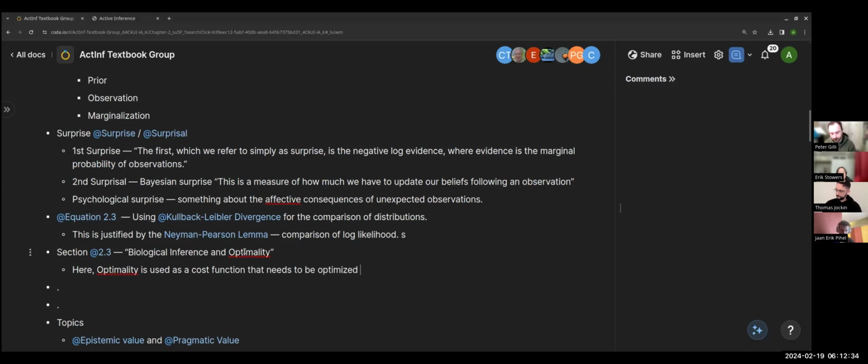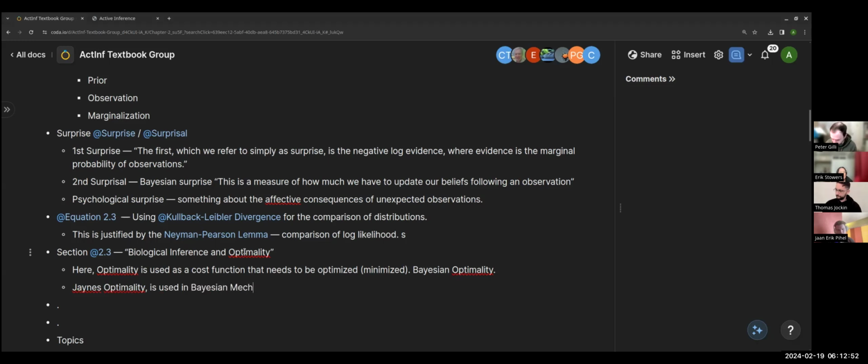That's basically called Bayesian optimality, but there's another notion of optimality, which is called Jaynes optimality, which is used in Bayesian mechanics in order to calculate the dual aspect of active inference, namely CMEP, or the constrained maximum entropy principle, which is the direct mirror, the symmetrical counterpart of FEP.